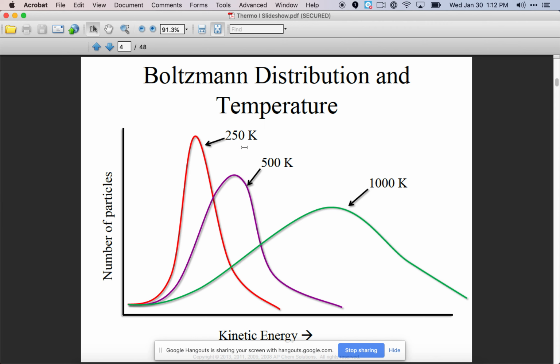Okay, if I had hydrogen, helium, and argon, which of those three do you think would be part of the 1000K curve? Argon. Okay, why? Because it's the biggest. The mass is the biggest. But isn't the bigger one slower?